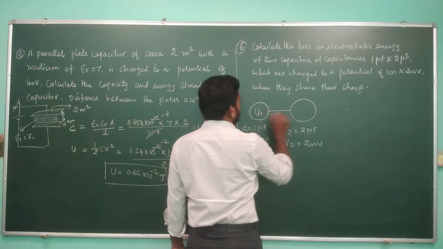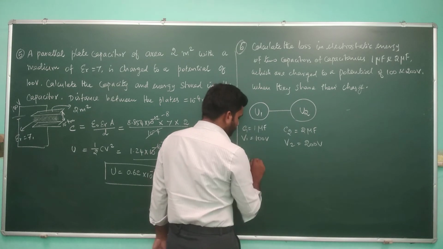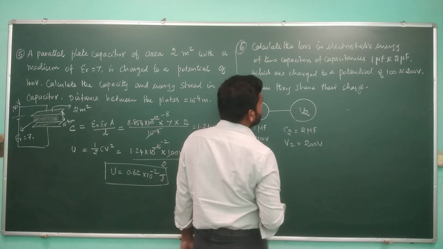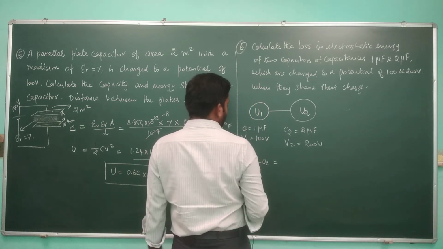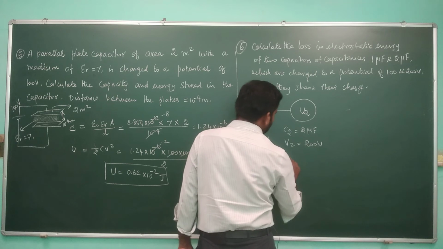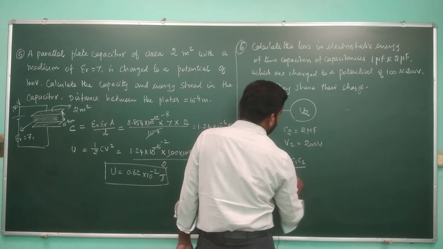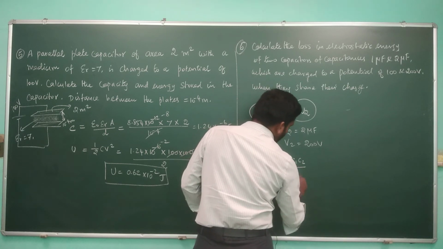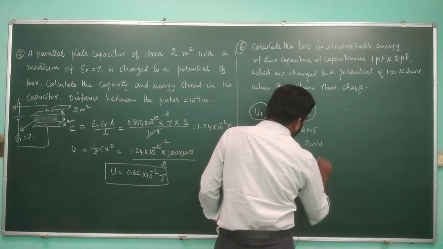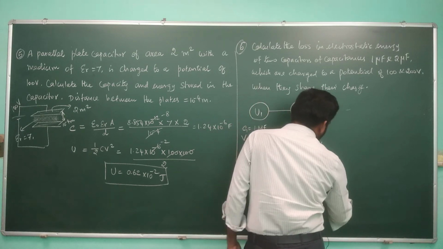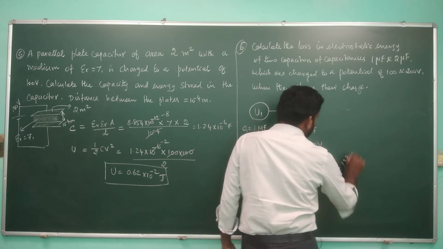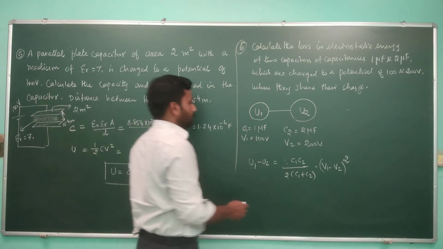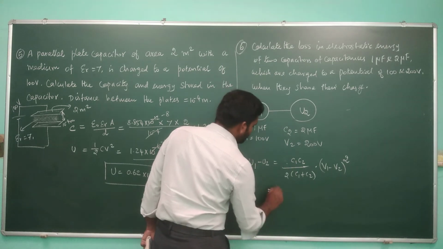So if this has U1 and this has U2, then U1 minus U2 is equal to, what is the formula? C1 C2 divided by 2 into C1 plus C2, into V1 minus V2 the square. So this is the direct question. You can substitute C1 C2.